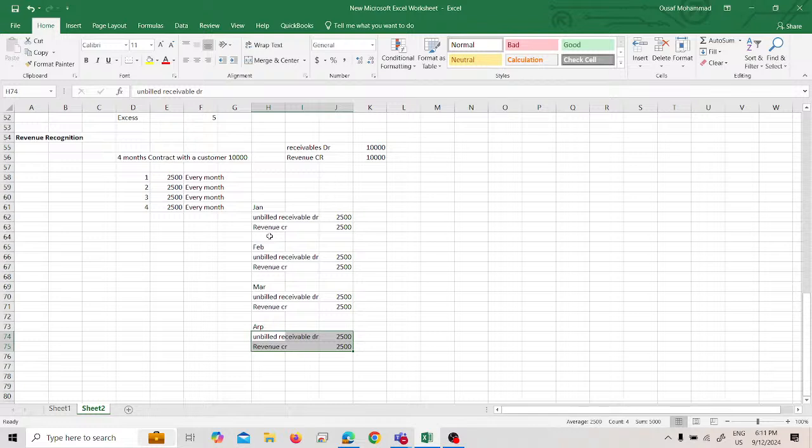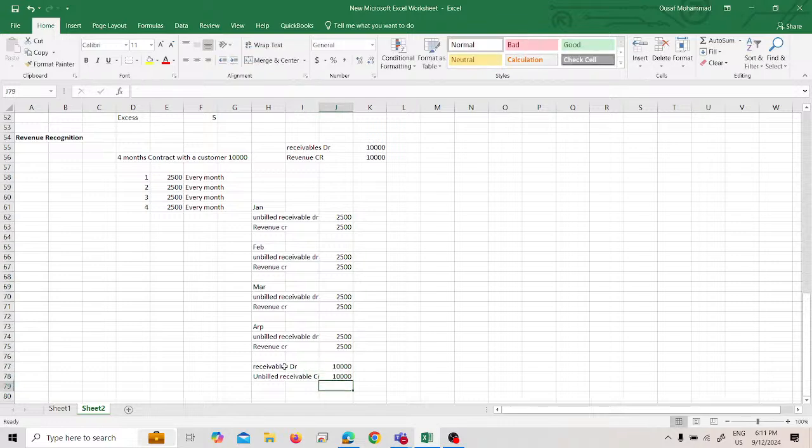invoice, that is, we record the transaction in the application like this: unbilled receivable to this. And in the 4th month, when we finish this, we record the entry, that is, all the unbilled receivable entries will be written off, and we will just enter the entry of receivable debit, unbilled receivable credit of $10,000.